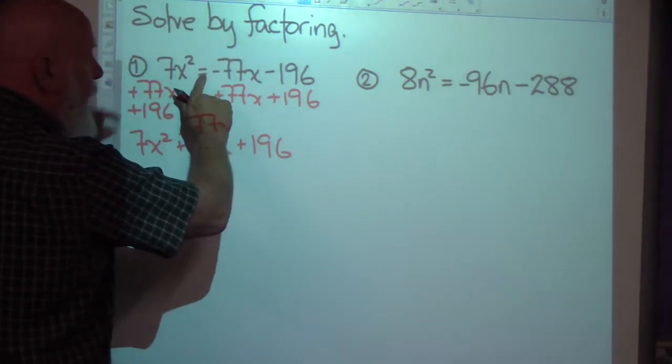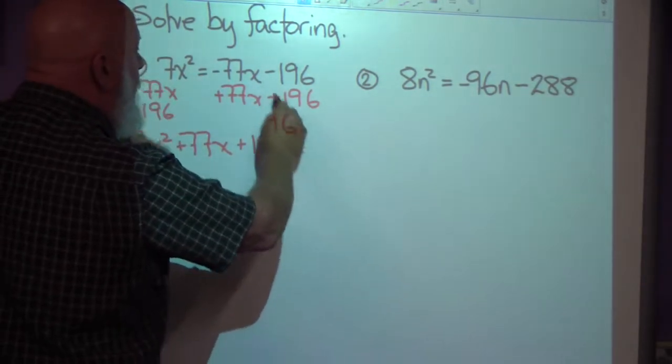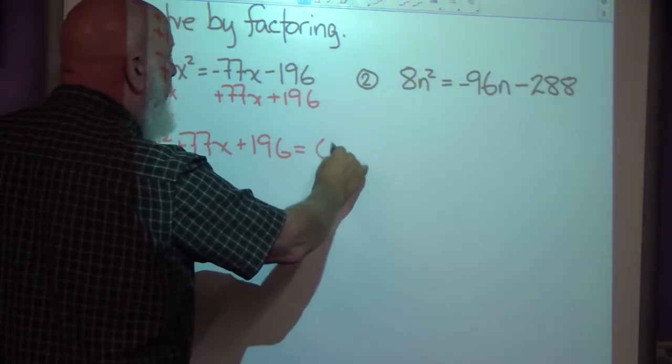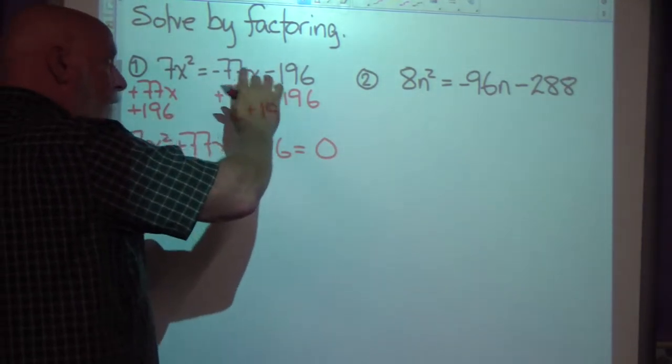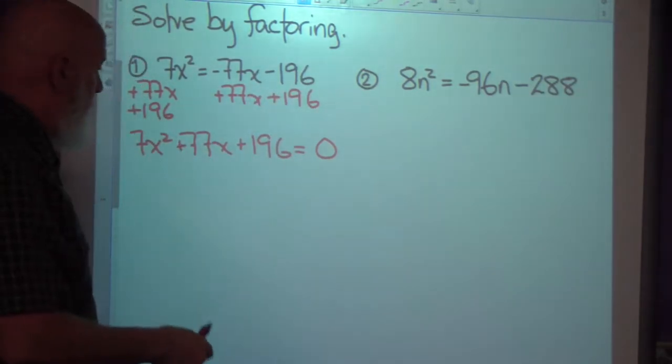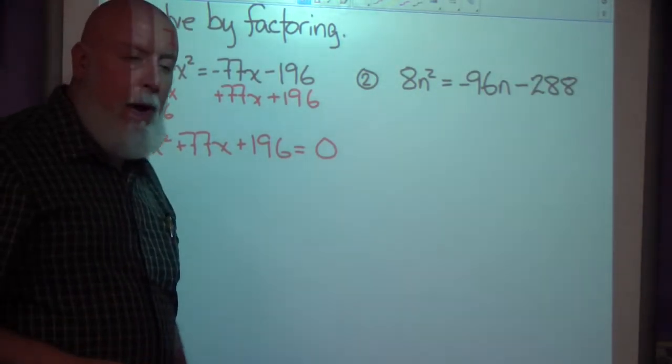That's all on the left side of this equal sign now. So here's the equal sign, and this turns into just a 0. 77x minus 77x is 0, 196 minus 196 is 0. So now I'm going to factor this side and employ the zero product property.